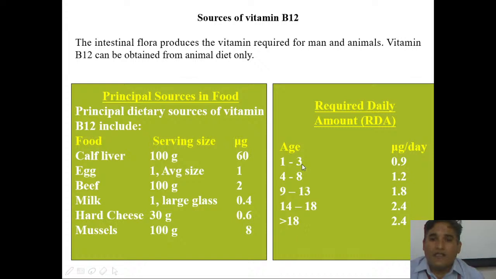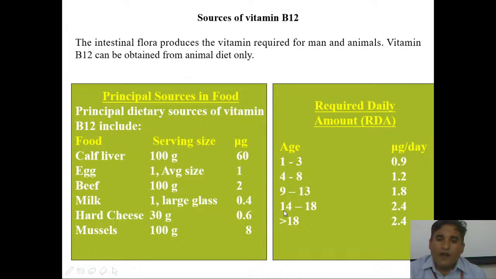And this is the average requirement according to age. In children, neonates, it is below... for children aged 1 to 3 years, the daily requirement is 0.9. For 4 to 8 years, the daily requirement is 1.2 micrograms per day, and so on and so forth.